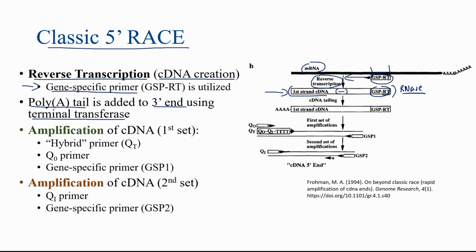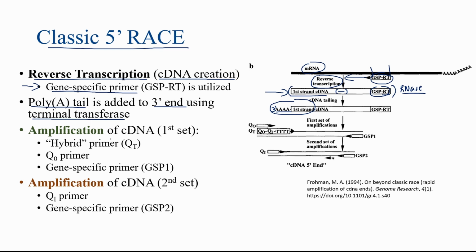So in other words, it can add nucleotides without requiring a specific template sequence. That's why you don't see any template here. You see that the poly A tail has been added without any template, and it's been added to the 3' end of the cDNA.